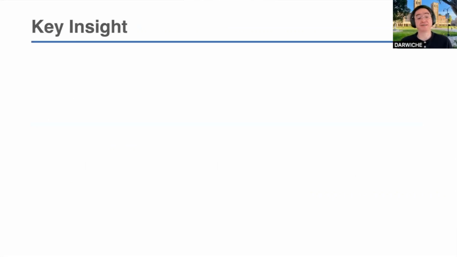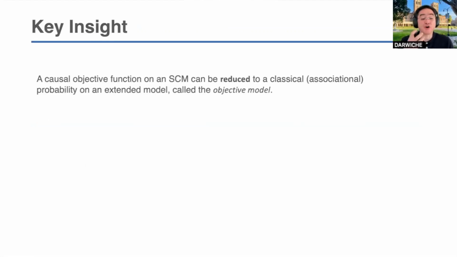Here's the key insight. A causal objective function on a structural causal model can be reduced to a classical associational probability, but on an extended model that we're going to call the objective model. So we're going to take the structural causal model and build a large model, the objective model, and use that to solve the optimization problem.